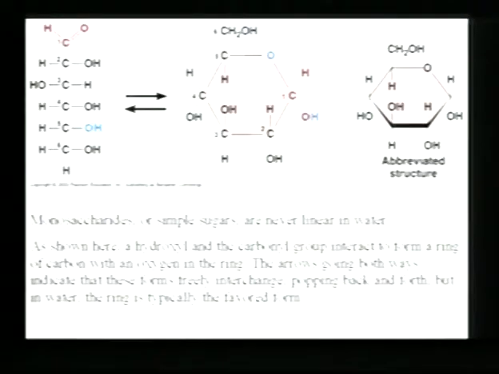So the ring is the typical form. Here's something to think about over the weekend: what would fructose's ring structure look like? It's a ketose instead of an aldose, so you have to think about where the reaction is going to occur to make the ring.